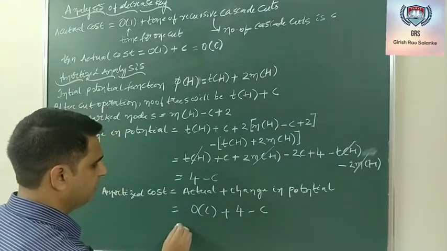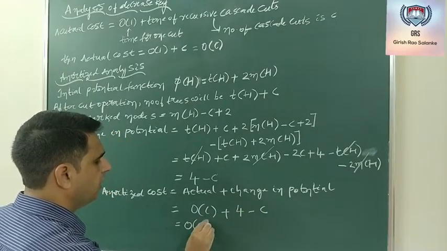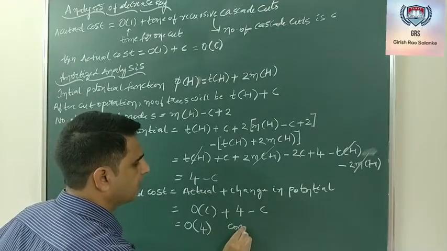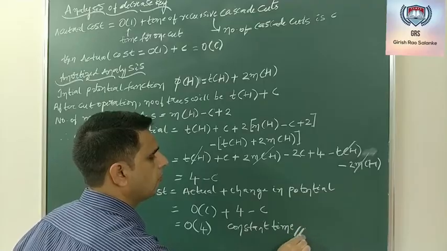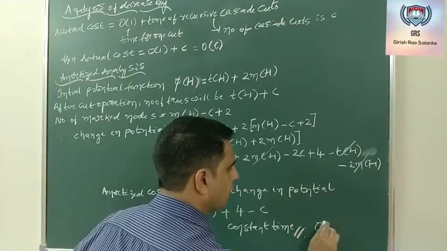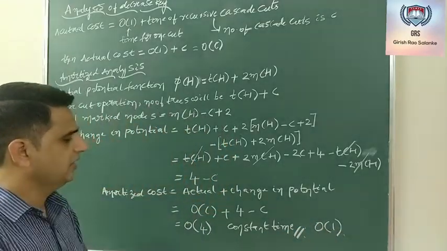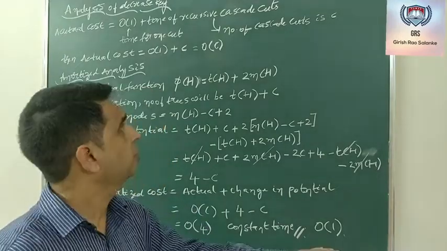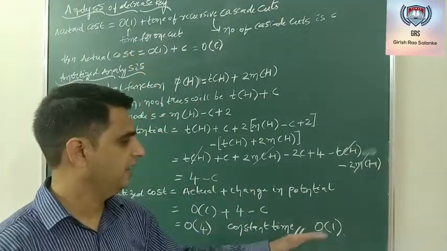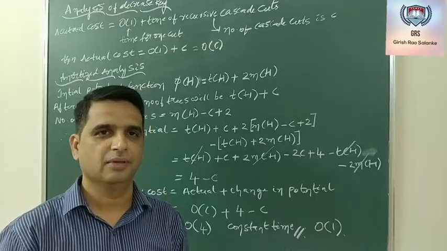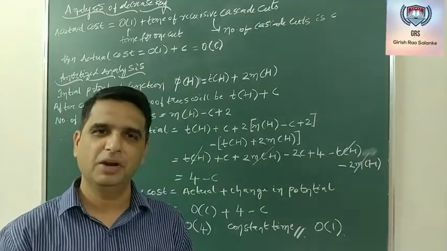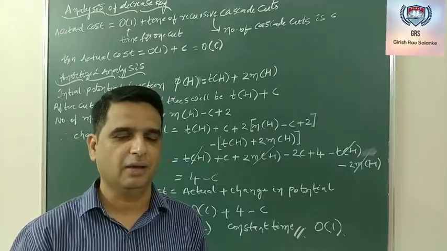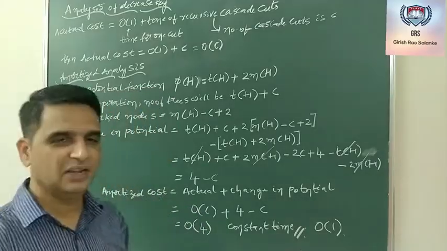Now this c gets cancelled, so it is order of 4, which is nothing but a constant time. I'll write it as order of 1. So note that in case of a Fibonacci heap, in order to perform the decrease key operation, it takes a constant time. In case of a binomial heap, if you do remember, it was taking log n time. Now this was about the decrease key operation.